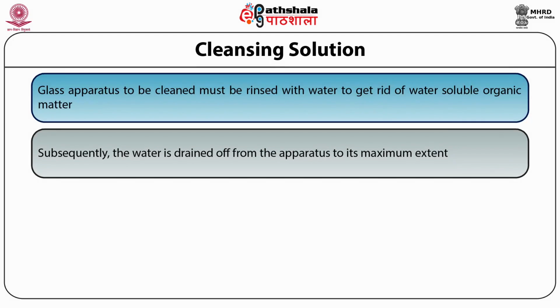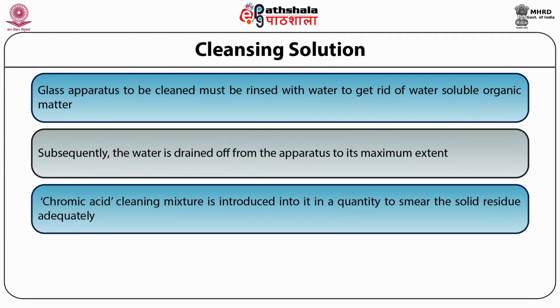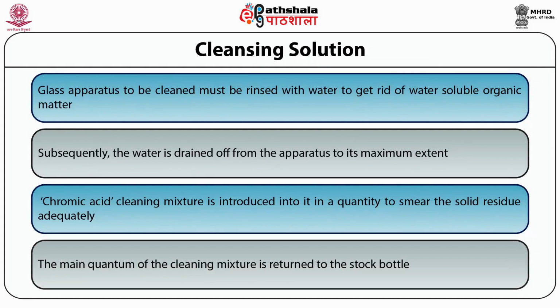Subsequently, the water is drained off from the apparatus to its maximum extent, and the chromic acid cleaning mixture is introduced into it in a quantity just sufficient to smear the solid residue completely, while the main quantum of the cleaning mixture is returned to the stock bottle.